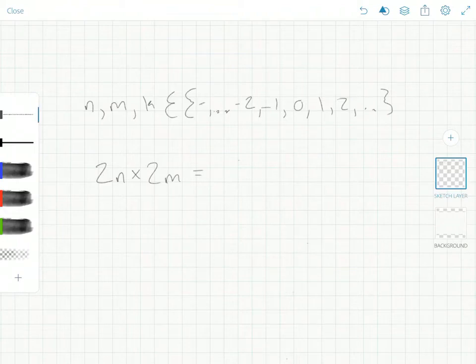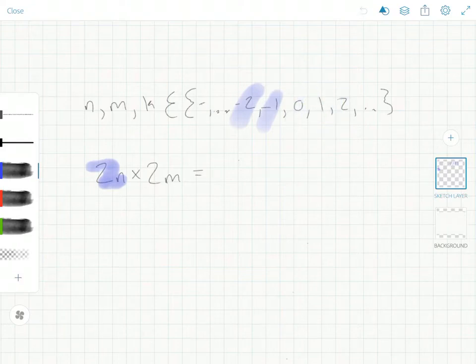Can I show that even times even is always going to equal some other even number? Well, first of all, convince yourself that 2n is, no matter which one of these numbers I plug in for n, I'm going to get an even number. I plug in 0, 0 is even, 2 times 0. I plug in 10, which would be way over here somewhere, where 2 times 10 is 20.